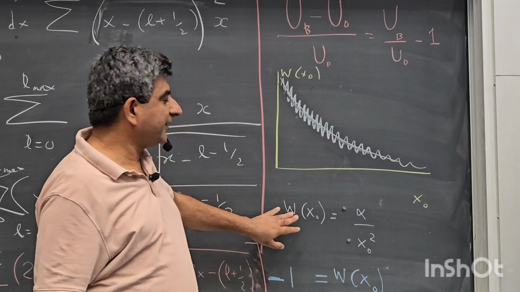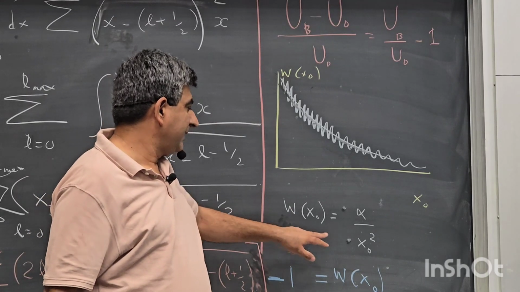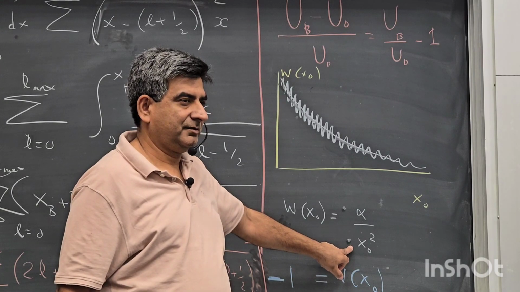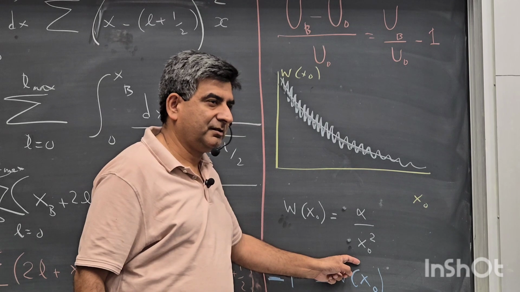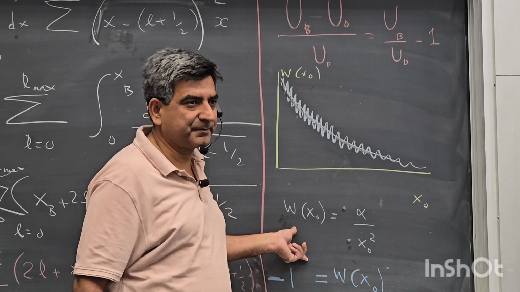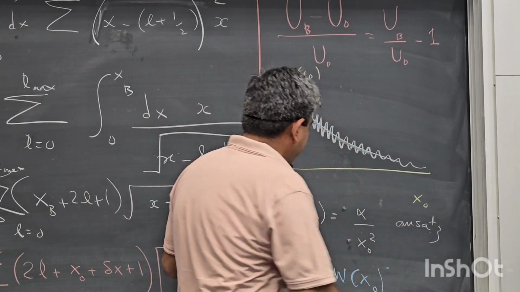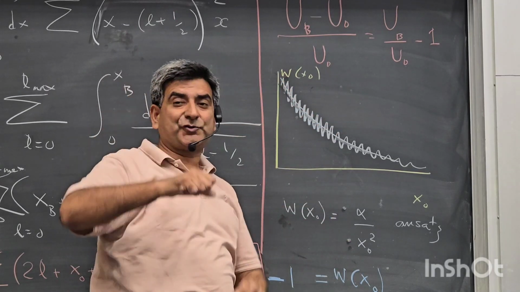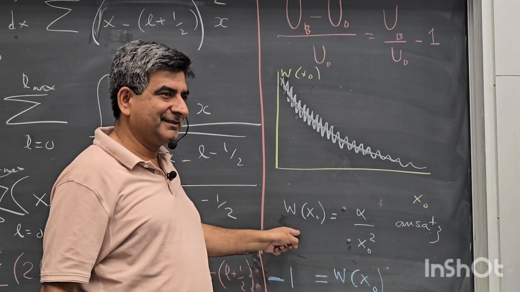Okay, so let's see if this is a valid behavior. What we would like to do is plot W with respect to x naught square. If we plot W with respect to x naught square and we get a straight line, this would be a valid assumption. So this is an ansatz in a sense. If we got a straight line, then this would be a good ansatz.